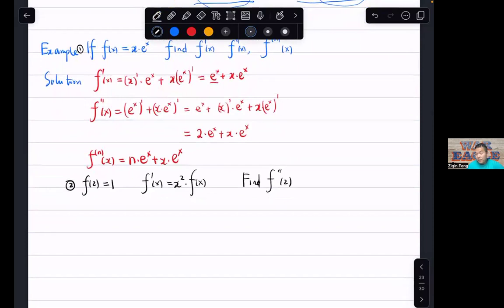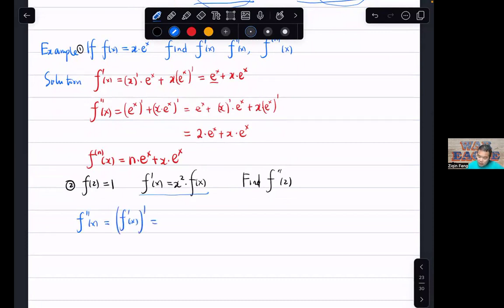Okay, so if you are looking for the value of the second derivative at 2, all you need to do is figure out the second derivative, right? If you want to get the second derivative, you just differentiate the first derivative. So we are given the formula for the first derivative. Let's try to do that. So f double prime of x is basically f prime of x, then prime, right?